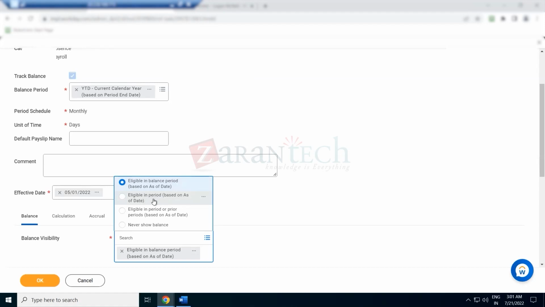Let me just rephrase. So eligible in balance period, you are saying that's the whole period, the whole year, if that's the calendar year. Correct. And then eligible in period is only a bi-weekly period, so two weeks we are talking about. Absolutely correct. And there is a third one, eligible in prior period.